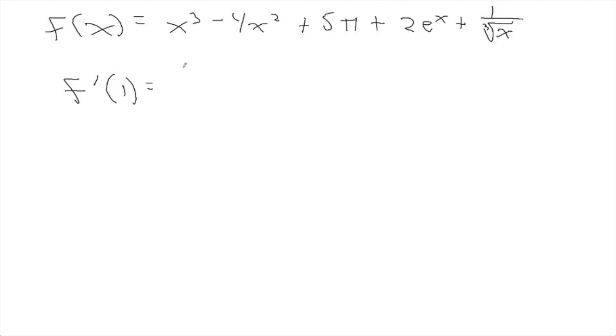Okay, let's try this. X cubed minus 4x squared plus 5y plus 2x to the e to the x. Okay.